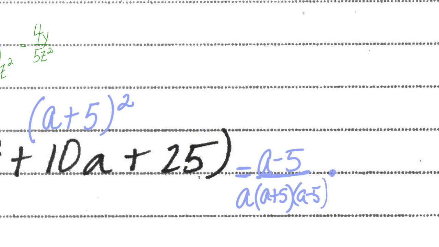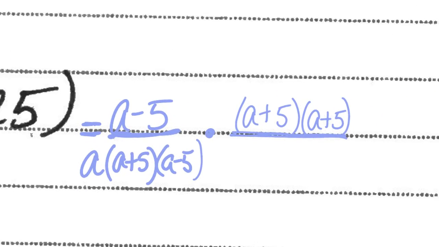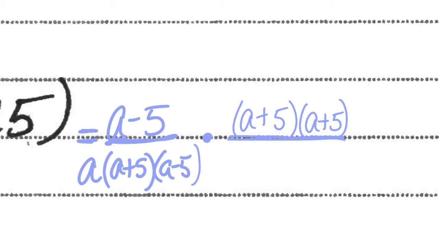And remember that was multiplied by, and I'm going to take the time to write it out twice because I want to see those binomials in case they can cancel. So here's what we end up getting. A minus 5 over a times a plus 5a minus 5 times a plus 5a plus 5.